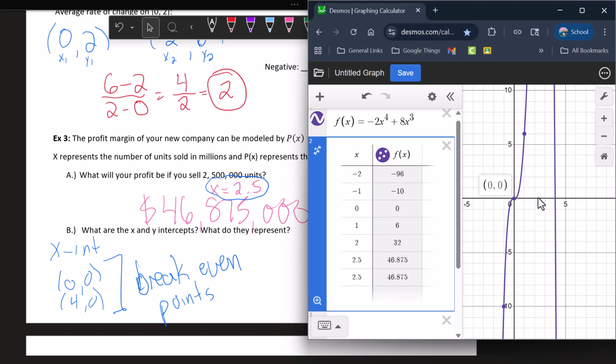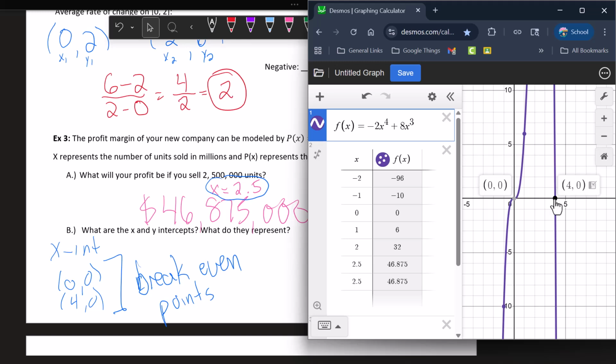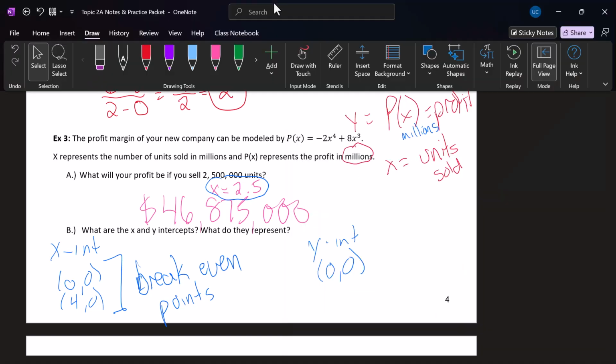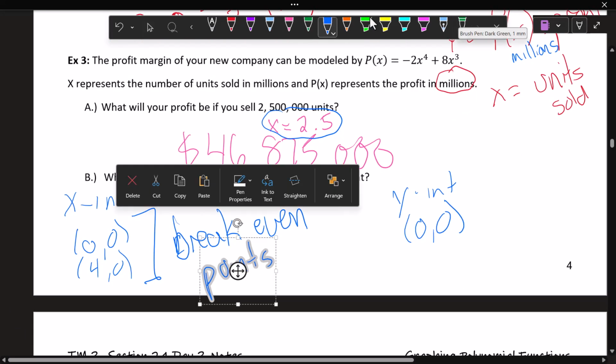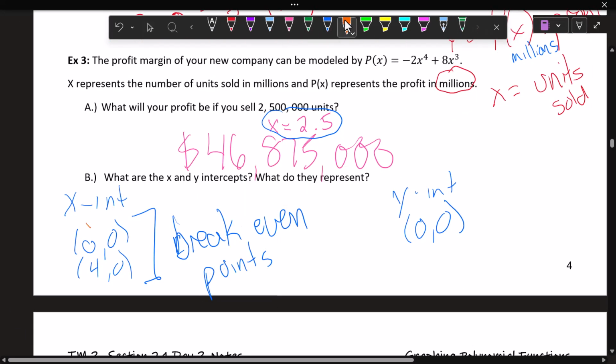Our x-intercepts are 0, 0, and 4, 0, and our y-intercept is 0, 0. So this means that y, which is our profit, equals $0. So if we sell 0, or we sell 4 units, we'll make $0.